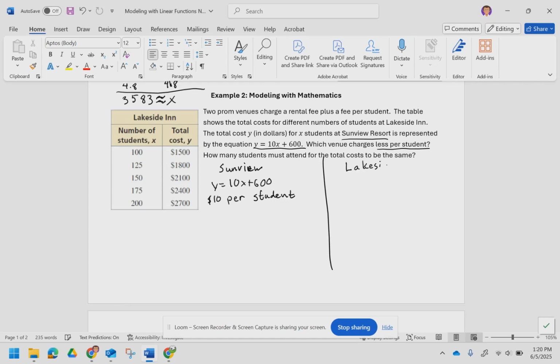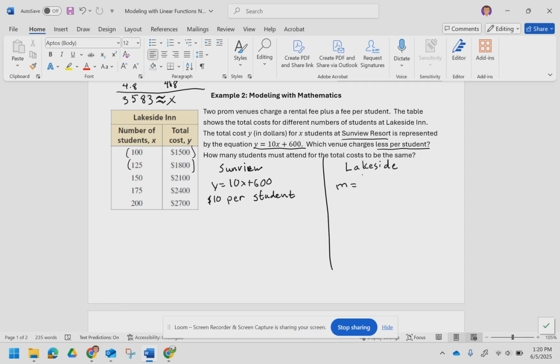So let's go ahead and get that equation from that table. Since we've just got a series of what are essentially points, x, y, x, y, we can go ahead and use slope.